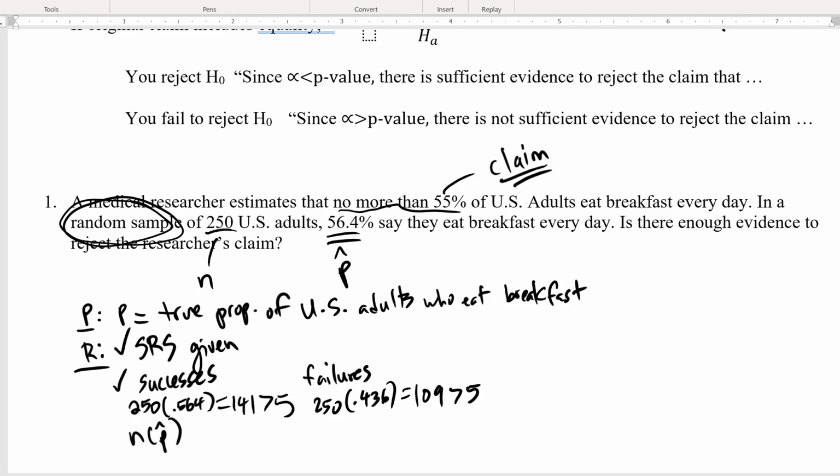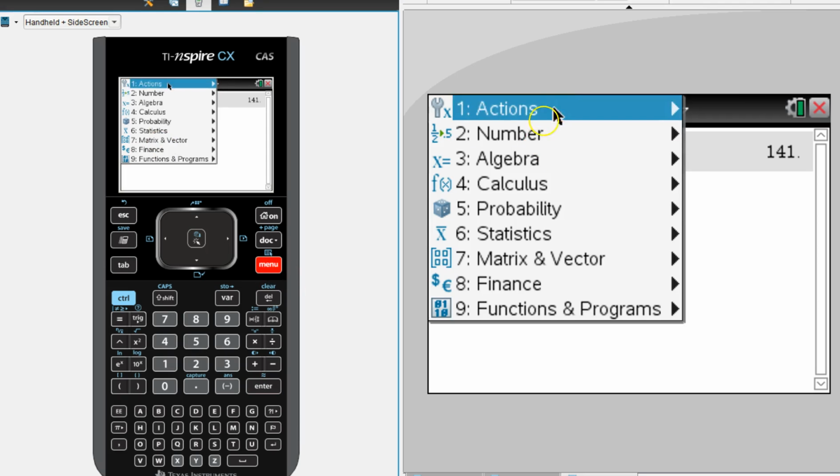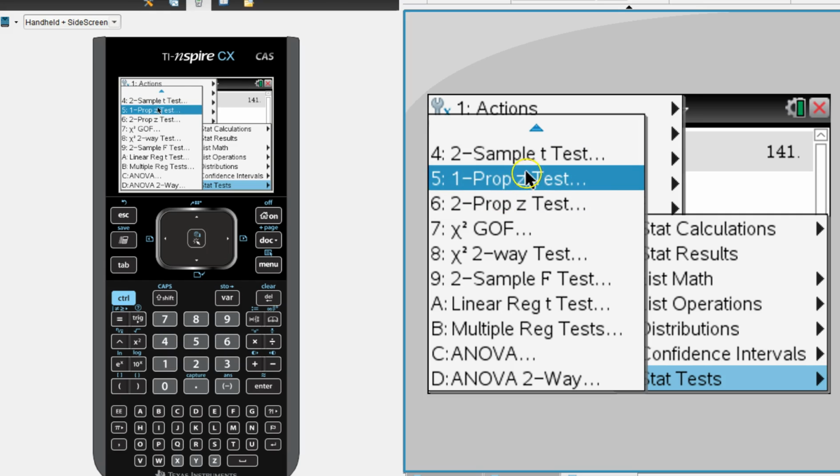Now we run the actual test. How do I run it? Well, I will use a 1 proportion z test. It's very tempting to sit here and just run the test in the calculator. I can go here and go menu, statistics, tests, 1 proportion.